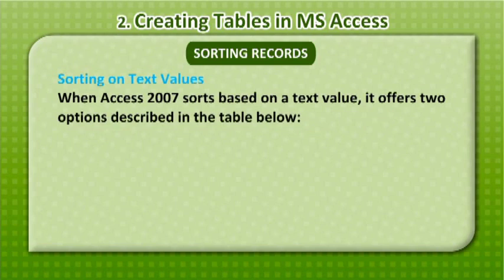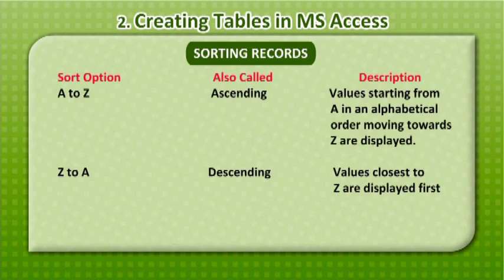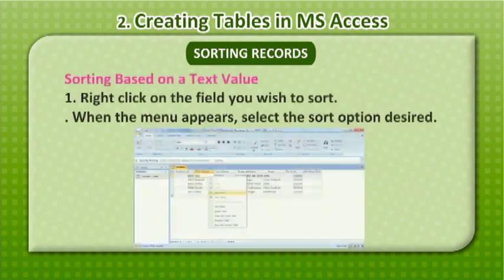When Access 2007 sorts based on a text value, it offers two options described in the table below. Sort option, also called description. A to Z, ascending, values starting from A in an alphabetical order, moving towards Z are displayed. Z to A, descending, values closest to Z are displayed first.